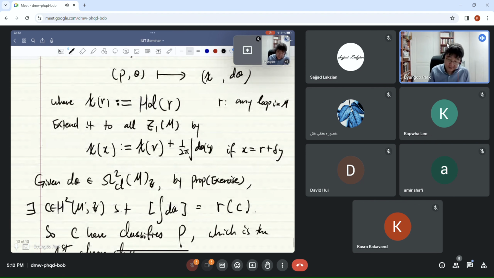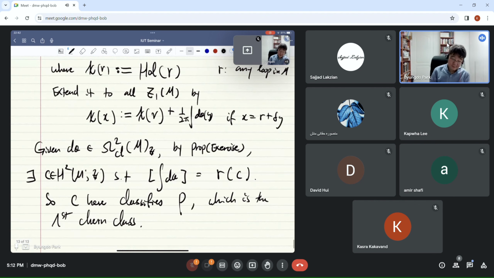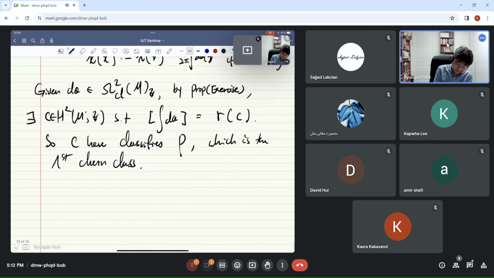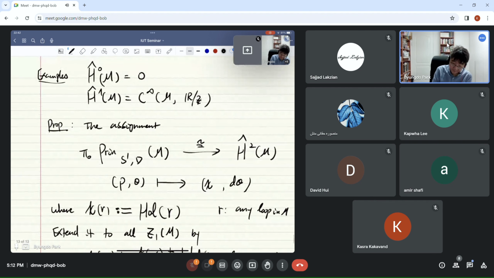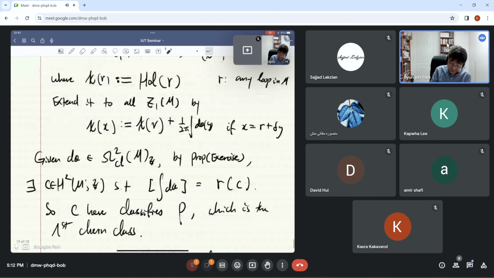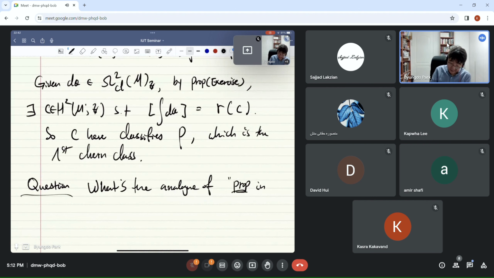So then you might wonder, what's the analog of this proposition in higher degrees, in k equals 3 or higher?